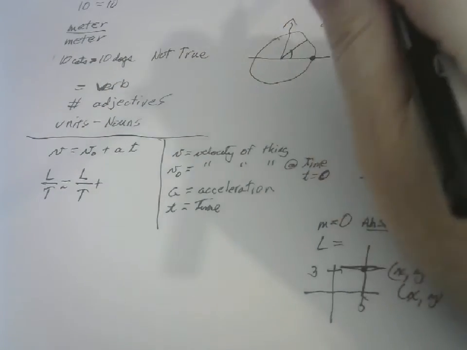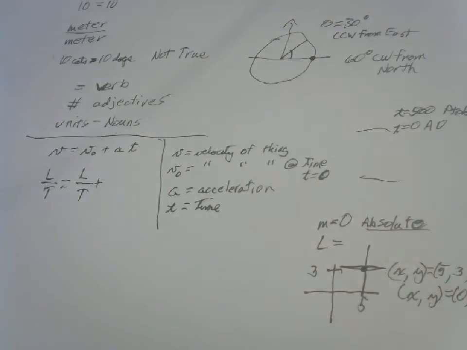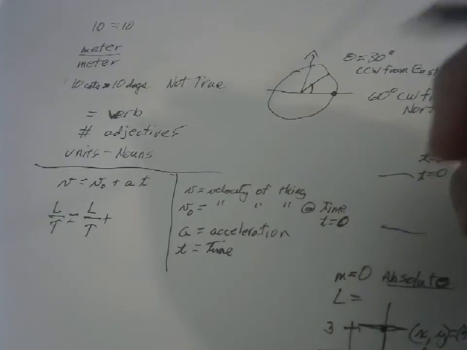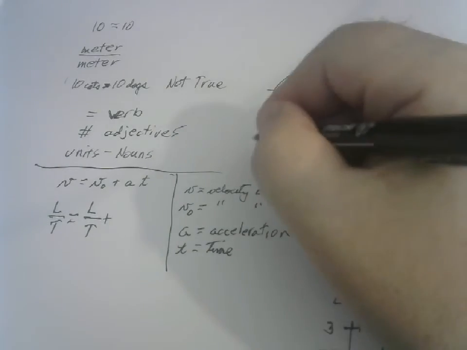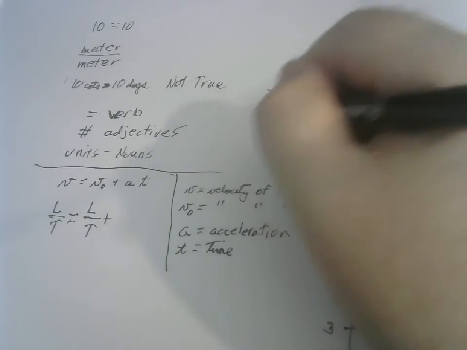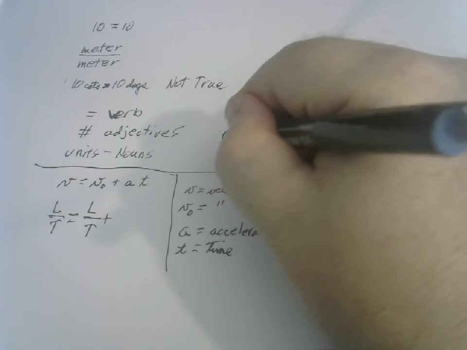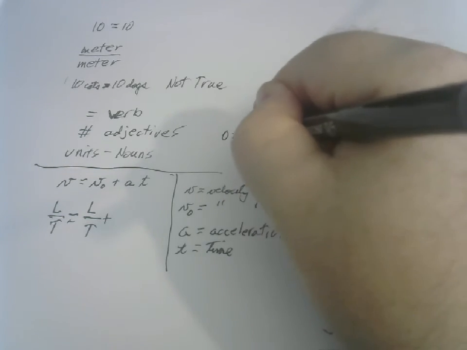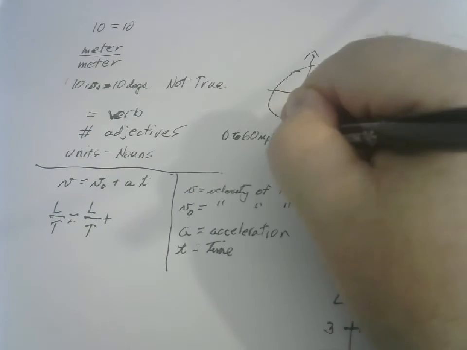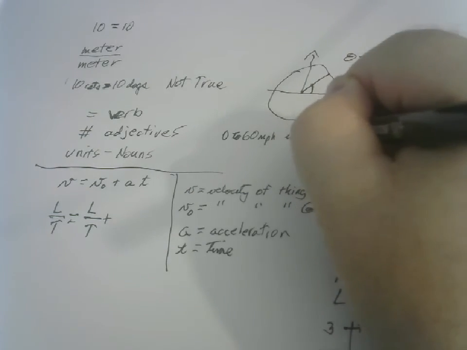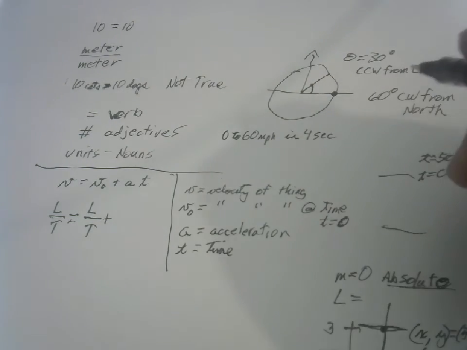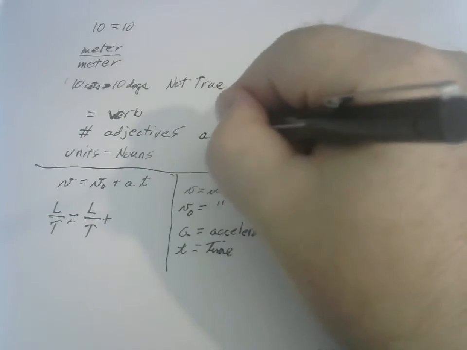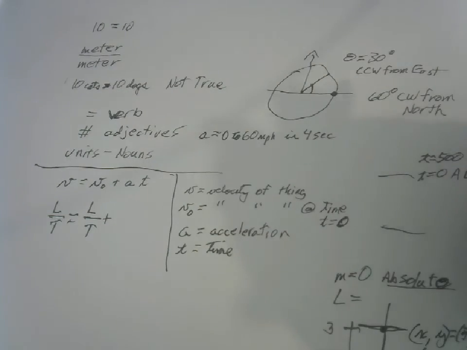Now, acceleration. There's a few different ways of describing acceleration. Let's say you go from 0 to 60 miles per hour in 4 seconds. Acceleration equals 0 to 60 miles per hour in 4 seconds.